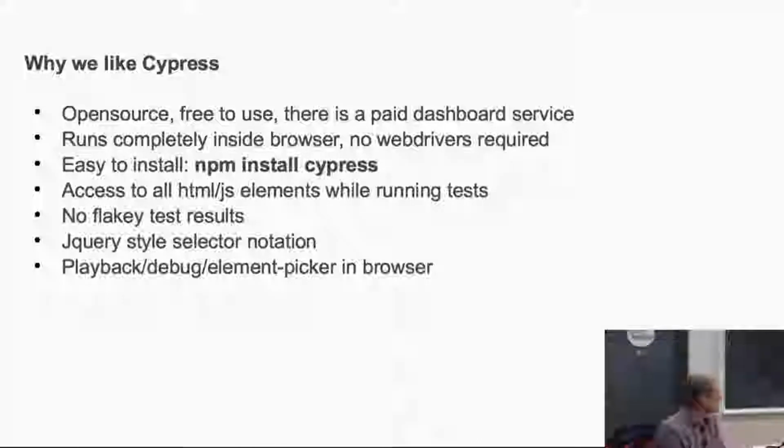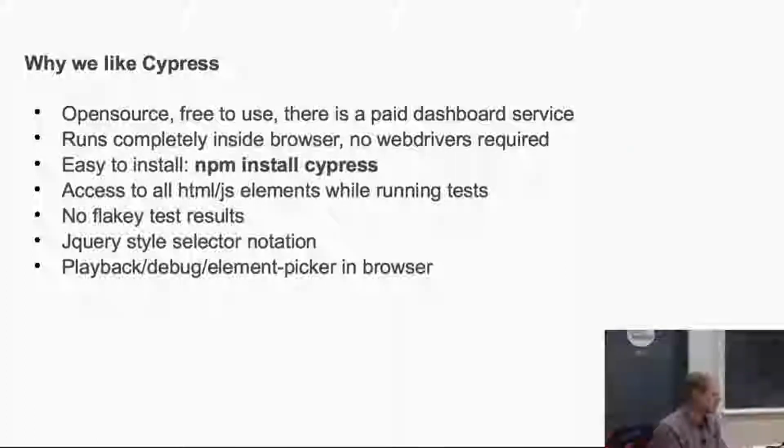No flakiness. We all know that if you run Selenium, sometimes your tests just fail because of some timing thing, but you don't have that with Cypress. It's stable, no flakiness, which I like a lot.